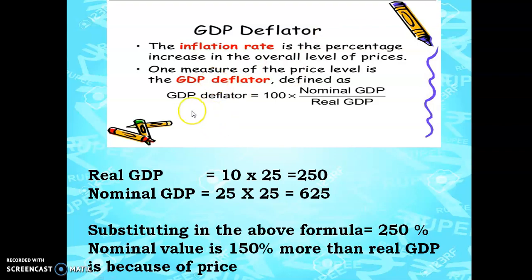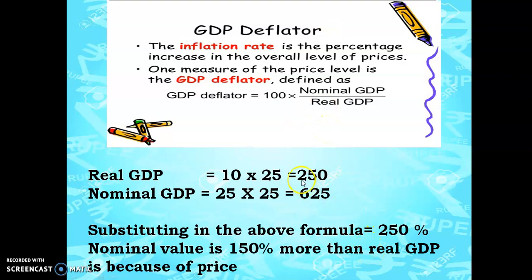If you are going to calculate the GDP deflator, the formula is 100 into nominal GDP by the real GDP. Nominal GDP is how much? 625. So 625 divided by real GDP, which is 250, into 100. Once again, I am repeating, GDP deflator will be equal to 625 divided by 250 into 100.